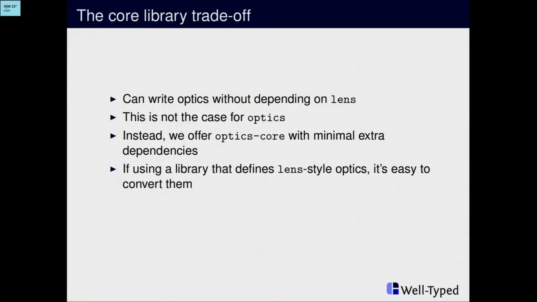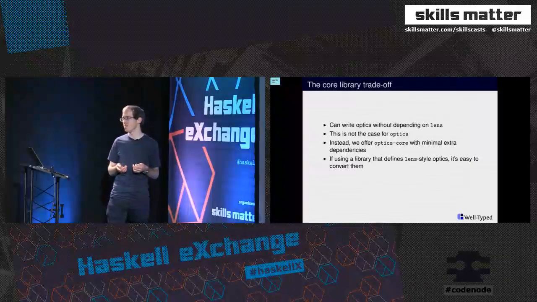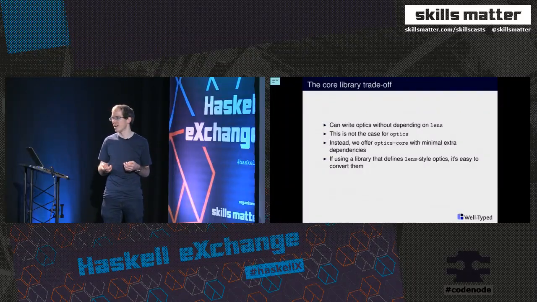One final point about the trade-offs. I mentioned earlier on that one of the interesting features of the lens library is that you can define optics without actually depending on the lens library at all. That's not the case here because you need to have access to this optic newtype in order to define anything.